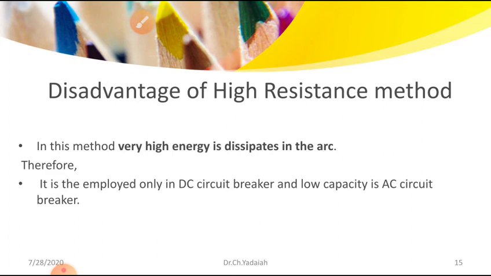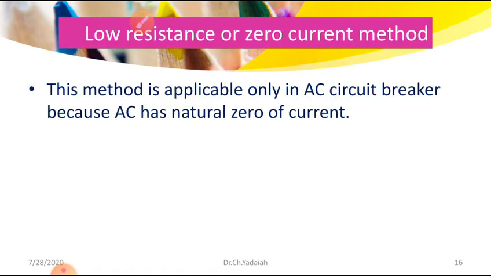Then coming to another method, the low resistance method, or zero current method. What is that? This method is applicable only in AC circuit breakers because AC has a natural zero of current. In case of DC, there is no frequency, no positive cycle and negative cycle. It's always in a positive direction, a constant independent of time.